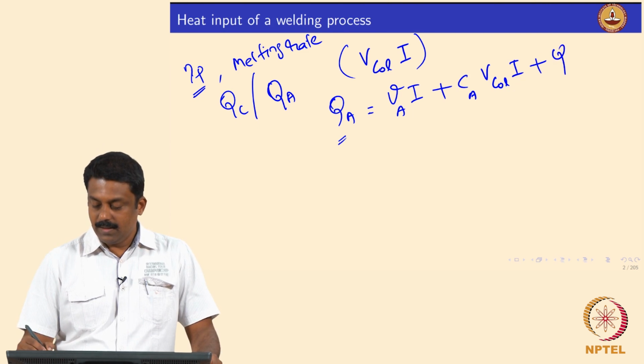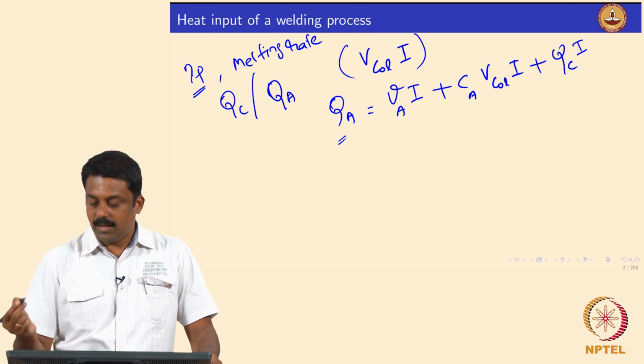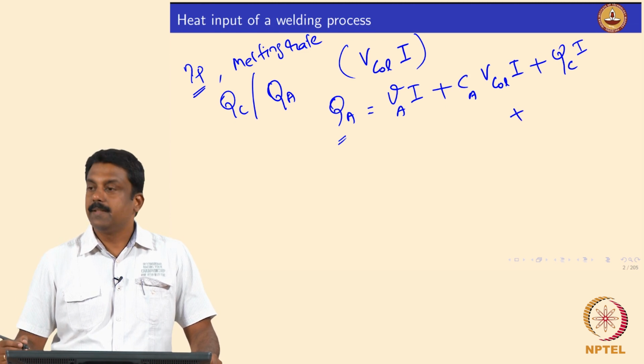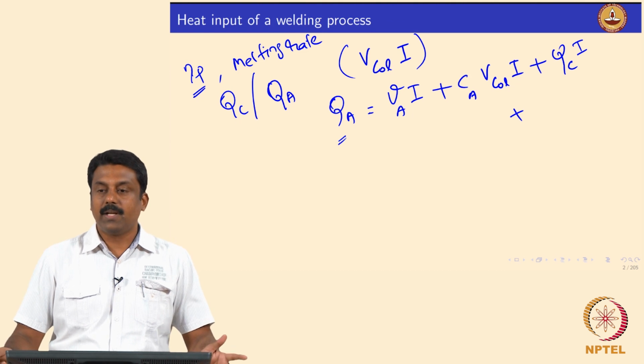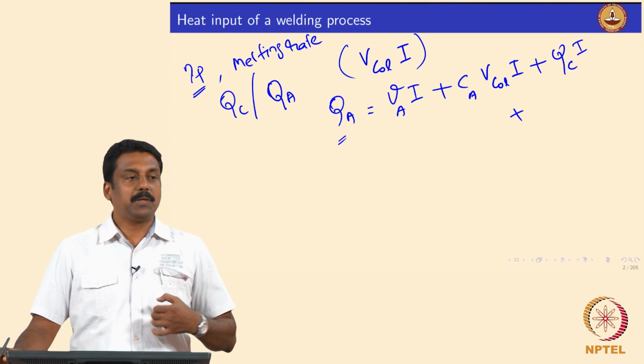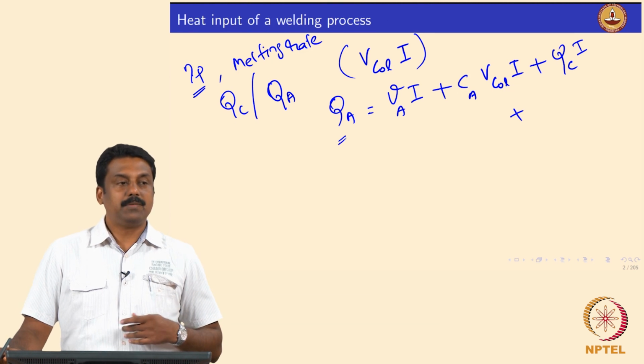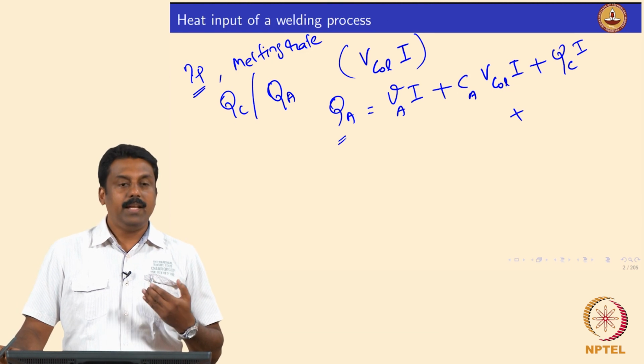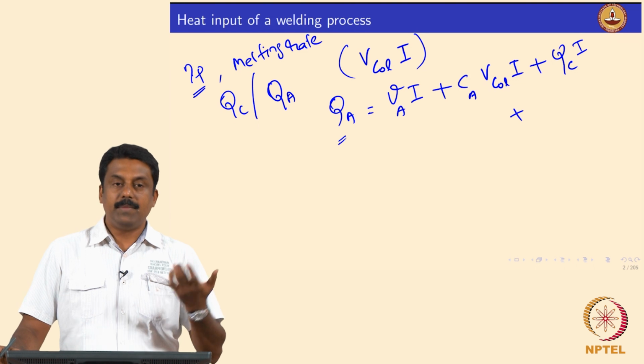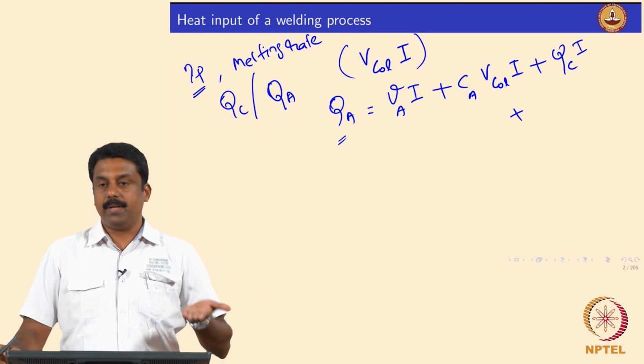So this is the work function of the cathode times current, plus the electrons also get heated up and carry heat to the anode, because when they enter the arc column they get heated up from the temperature of the cathode to the arc column temperature.